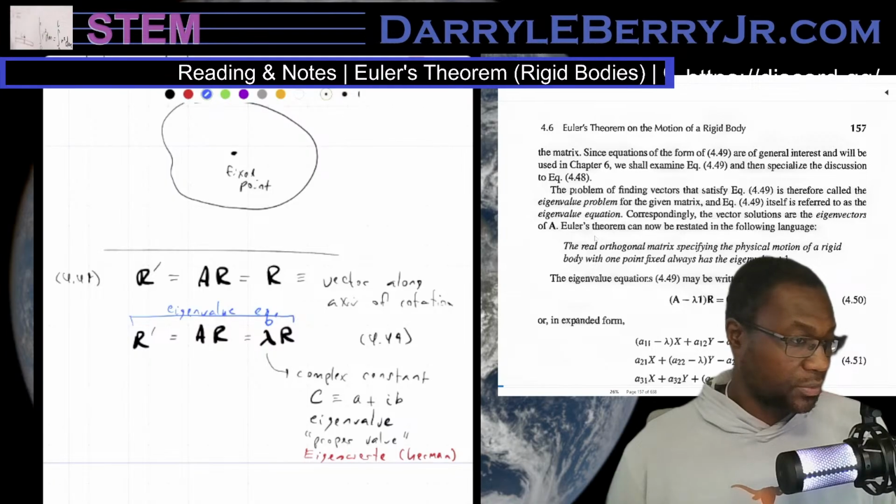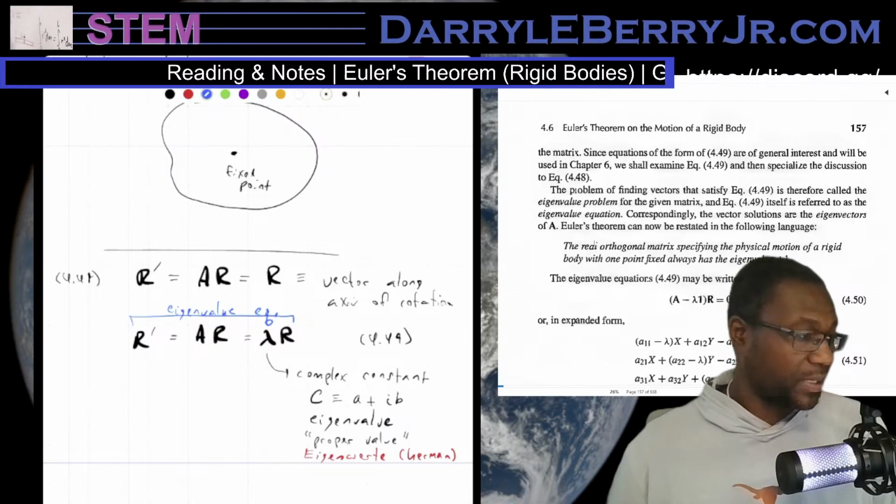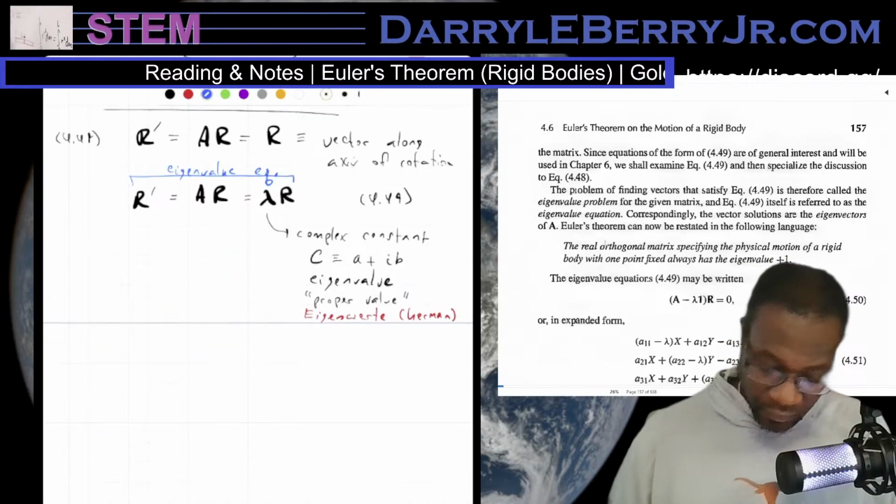Correspondingly, the vector solutions are the eigenvectors of A. Euler's theorem can now be restated in the following language.